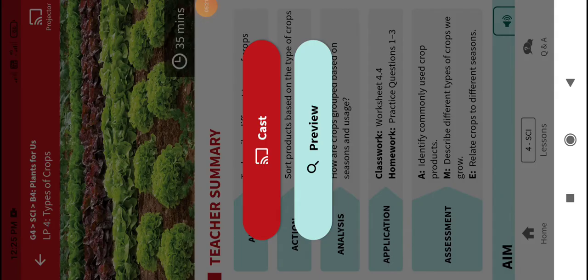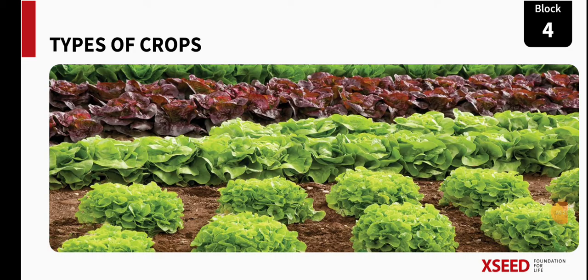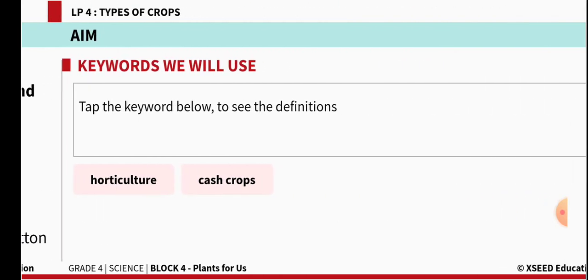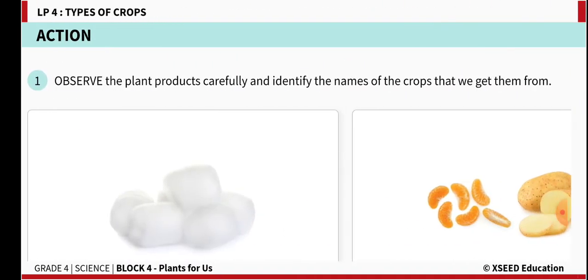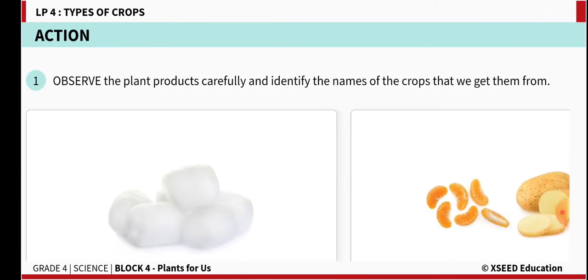So here you can see how these crops are categorized as cash crops, horticulture crops and food crops. You can identify them based on this activity.